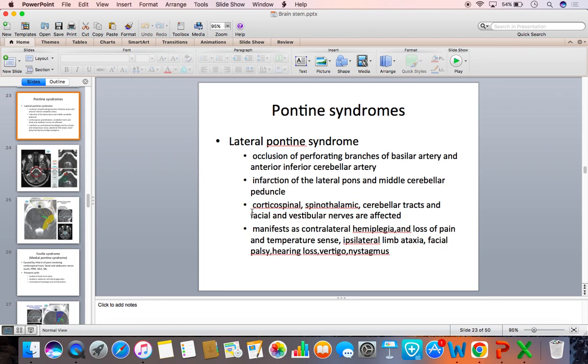So in the lateral pontine syndrome, the seventh and eighth cranial nerves, along with the middle cerebellar peduncle and the pyramidal fibers, are affected.